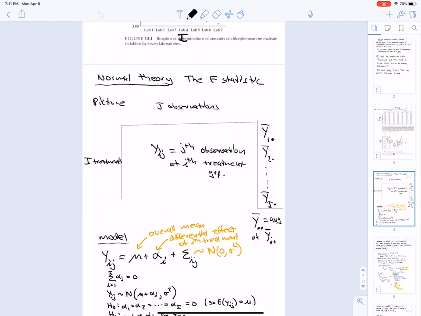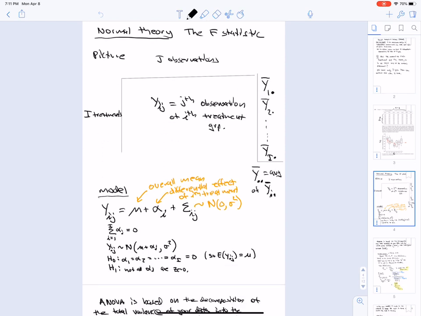That's the group average. So we have a model here, namely that Yij is mu, which is the overall mean, plus alpha i, which is the differential effect of the ith treatment, plus some noise, which is distributed normal 0, sigma squared. So if you didn't have this noise term, then for the ith row, all of the values would be the same.